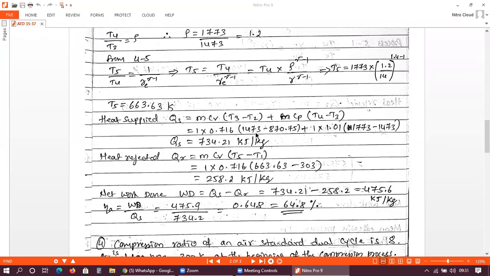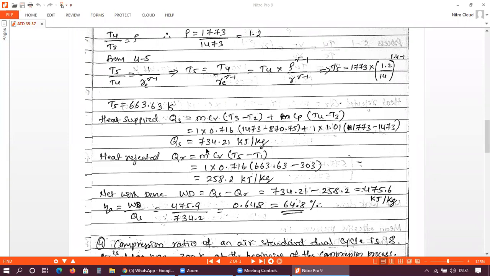T3 is 1473 minus 870.75, plus again the mass of air is 1 multiplied by Cp, which is 1.01, times (T4 value 1773 minus T3 1473). Okay, operate the calculator. You will get QS, or heat supplied, equal to 734.21 kilojoules.